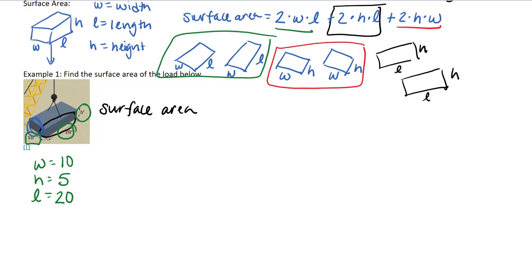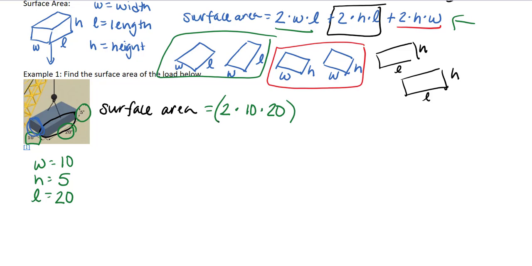Now we have all the numbers, so we can start to plug in. Anytime we see a W, we'll put in 10, or H, we put in a 5, and instead of L, we put in 20. So let's solve. We have 2 times W, which is 10, times length, which is 20.